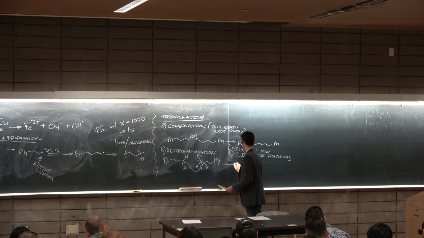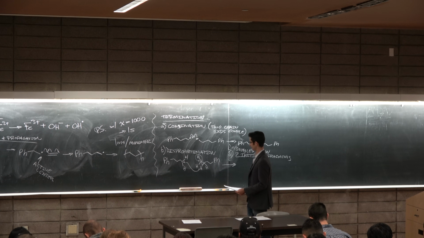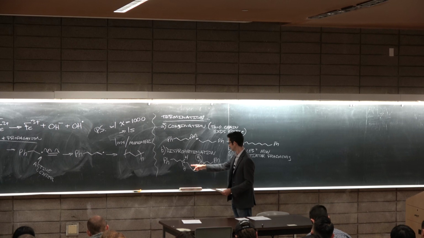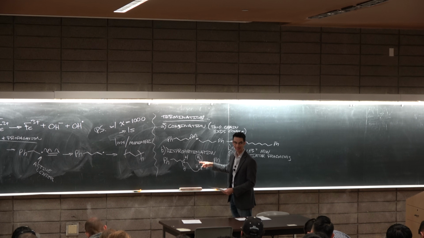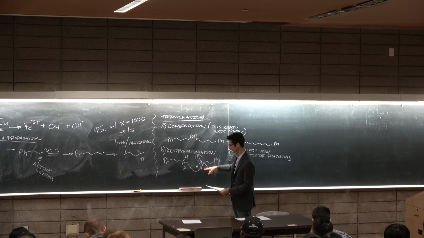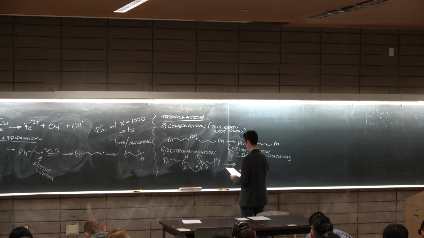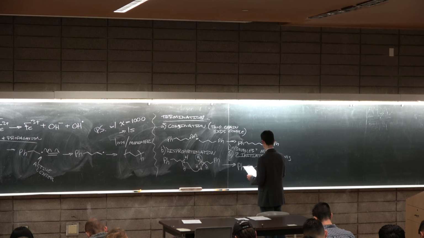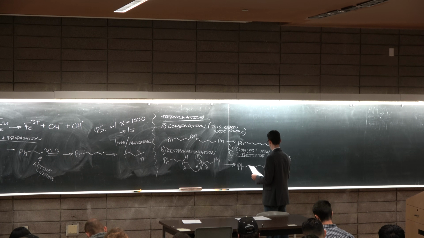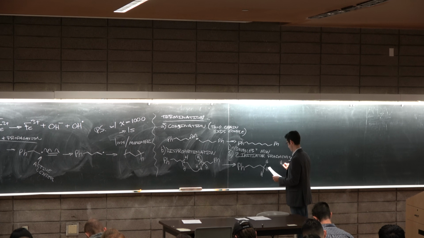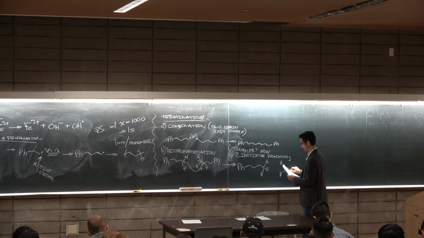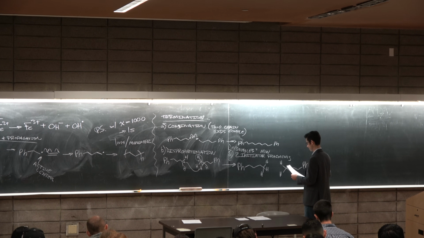But the end result of this attack, not on the end of the growing chain but on a hydrogen atom in the interior of the growing chain, is that you end up with two molecules, one of which is in the reduced state and ends in a methyl group, and the other in the oxidized state, which ends in a double bond.